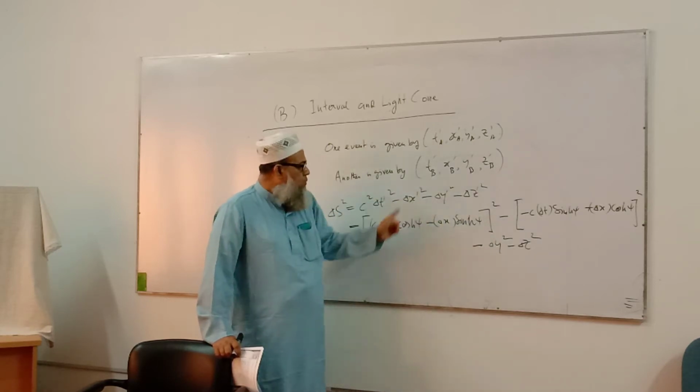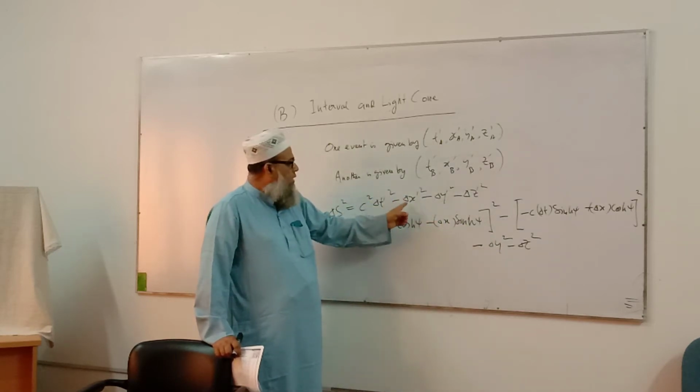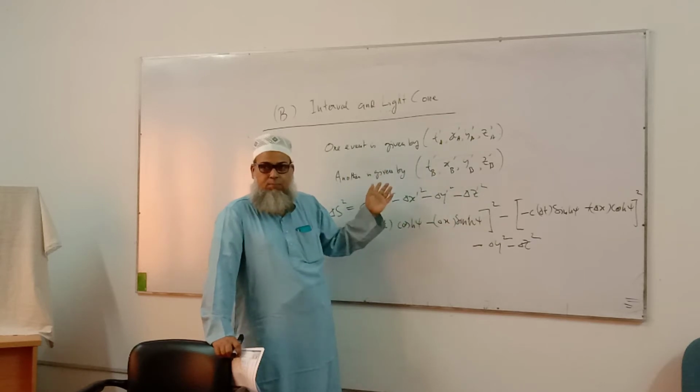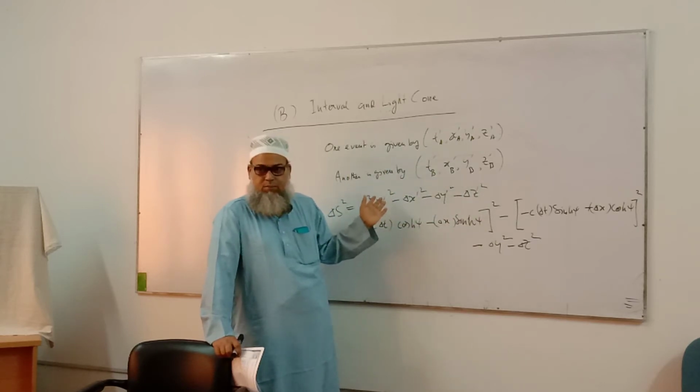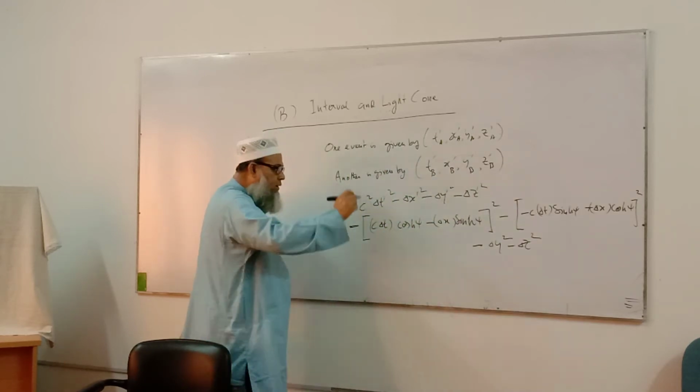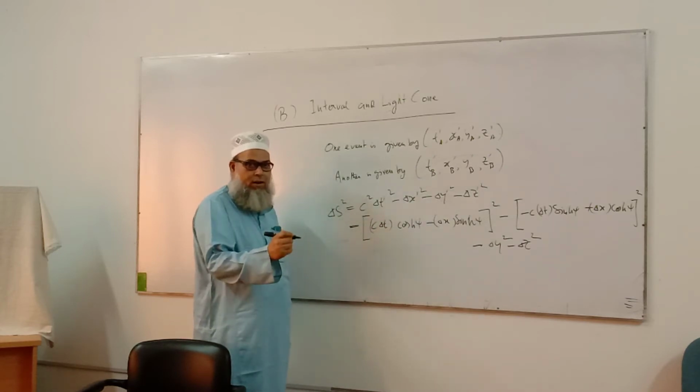And these two terms come from c del t prime squared and del x prime squared using the previous Lorentz transformation, and work it out for a little while.